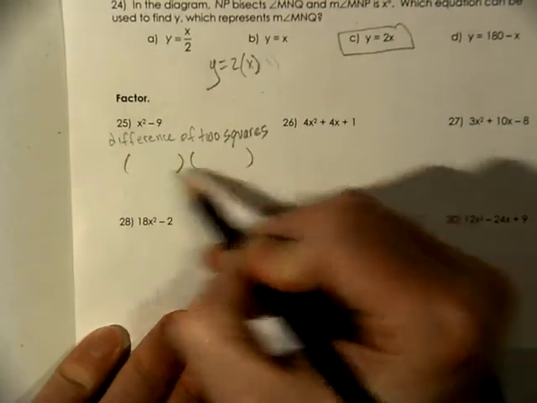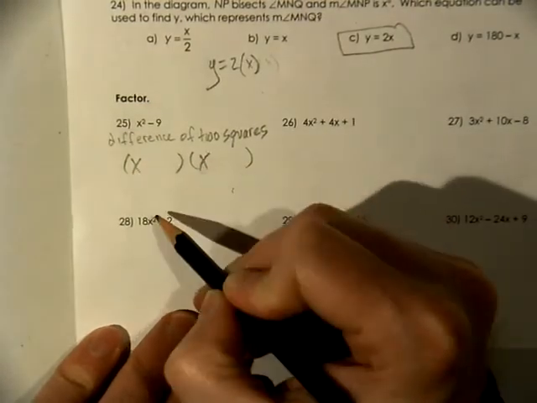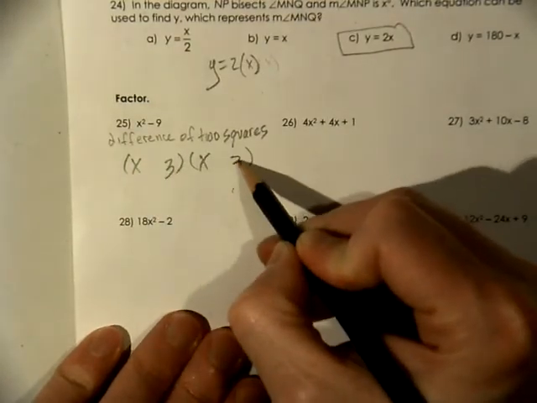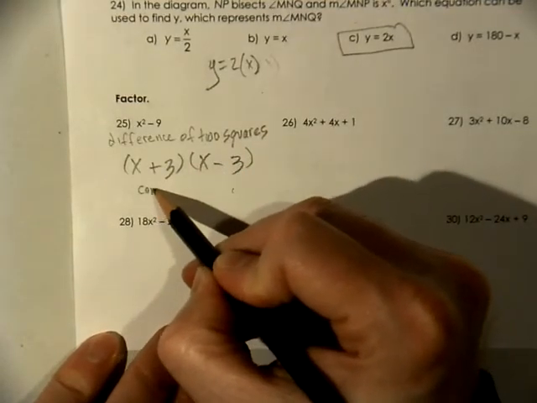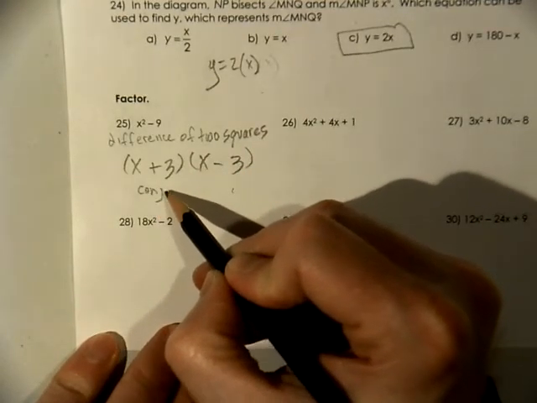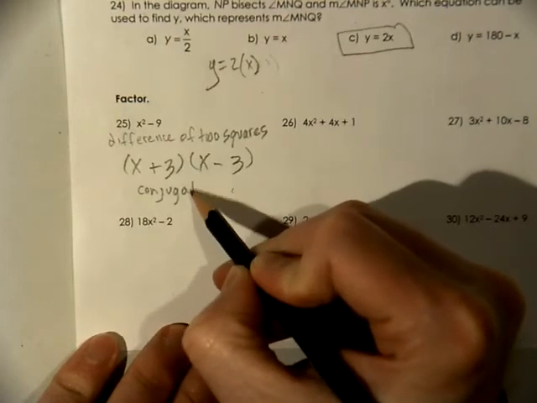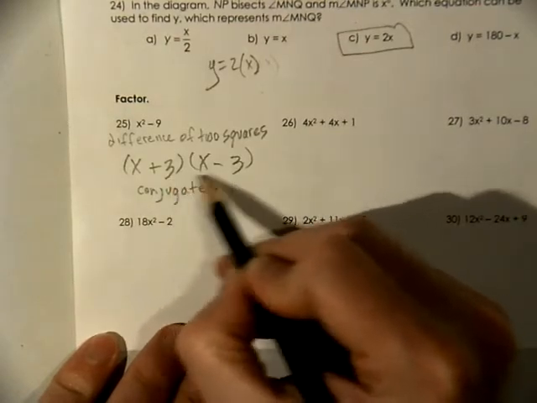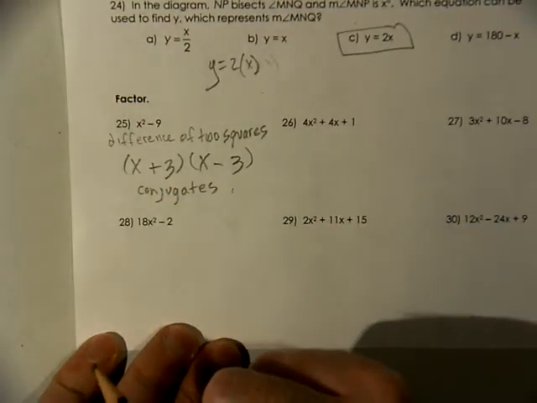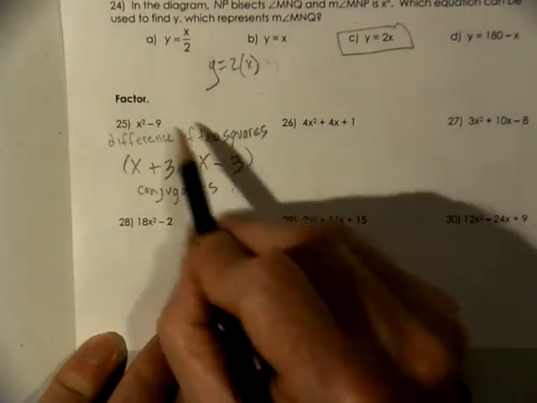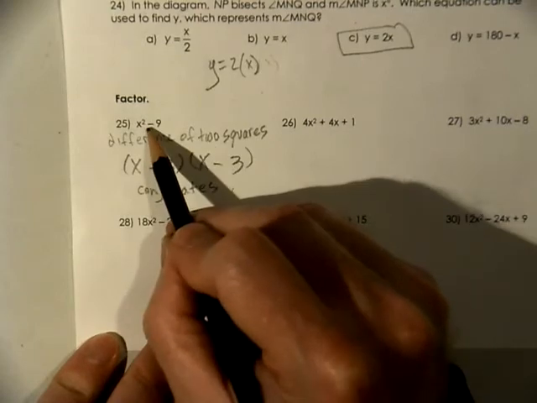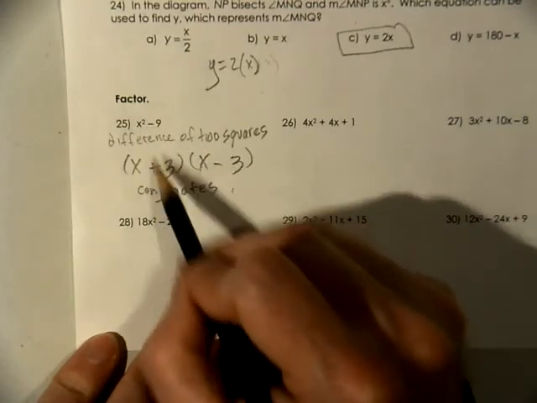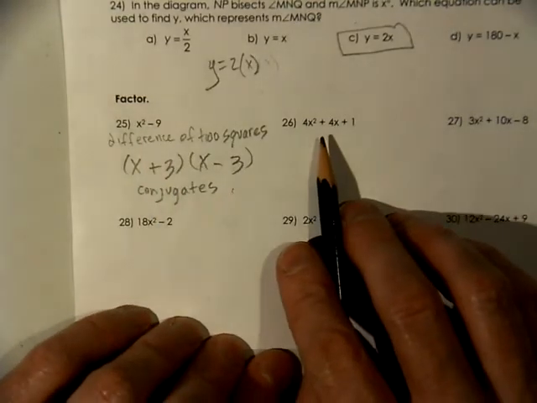If that is your case, then it's the square root of x squared and the square root of 9 with a plus or minus. These are conjugates of each other. If you multiply them together, there is no middle term. Negative 3 and positive 3 makes 0. So that's why that works together.